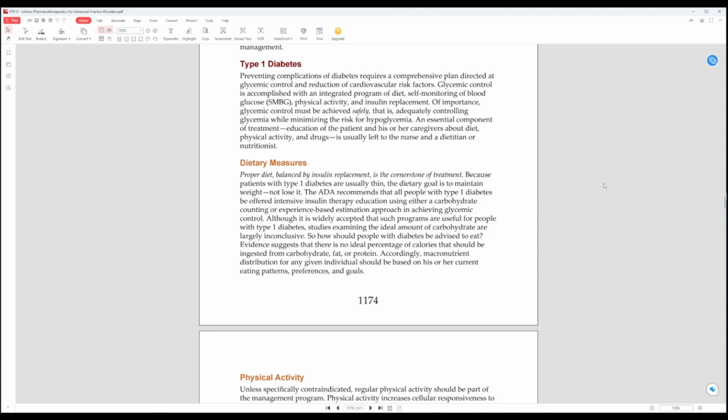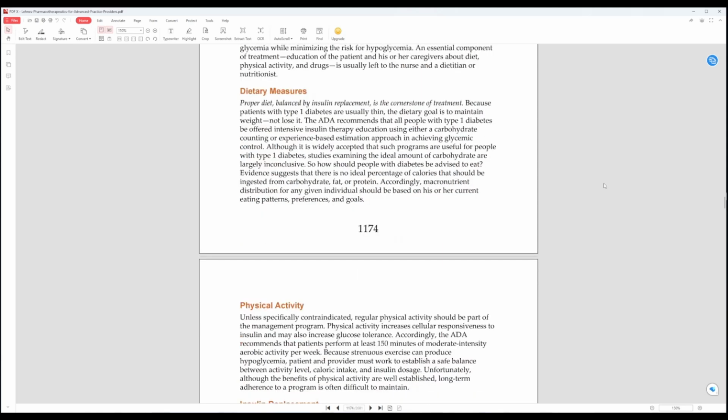Of importance, glycemic control must be achieved safely, that is, adequate control of glycemia while minimizing the risk for hypoglycemia. An essential component of treatment is education of the patient and his or her caregivers about diet, physical activity, and drugs. It's usually left to the nurse and the dietitian or nutritionist to give that education.